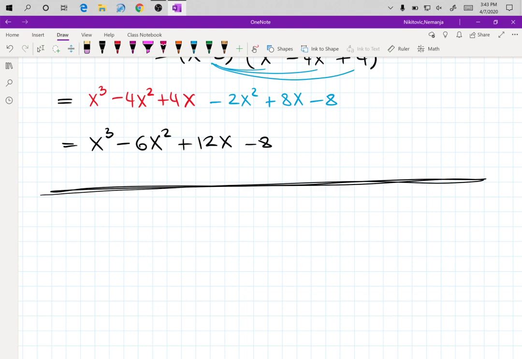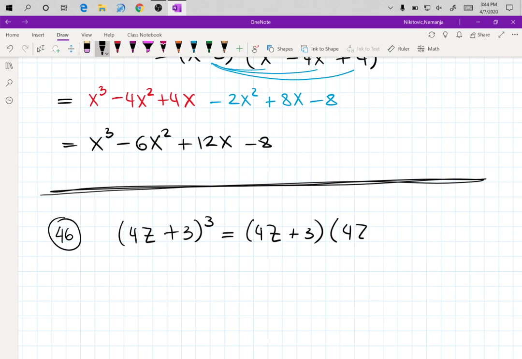So it should be, after this kind of explanation, common sense. So here is problem 46 to end the lecture. 4z plus 3 cubed. So my job is to write 4z plus 3 times.